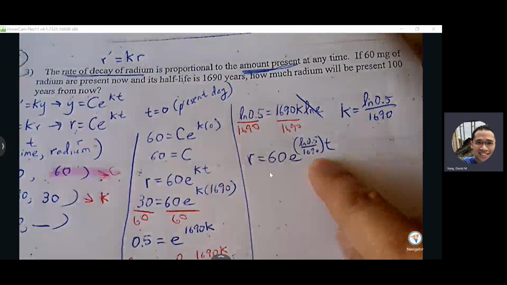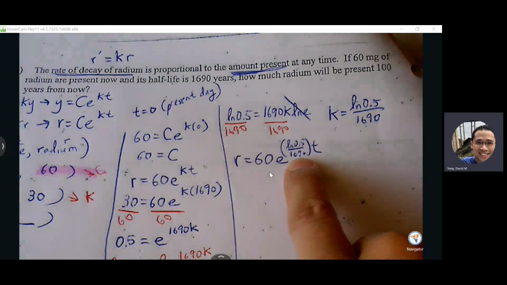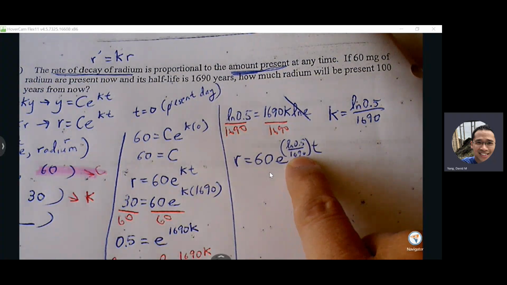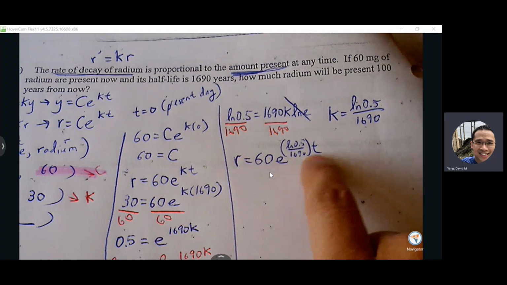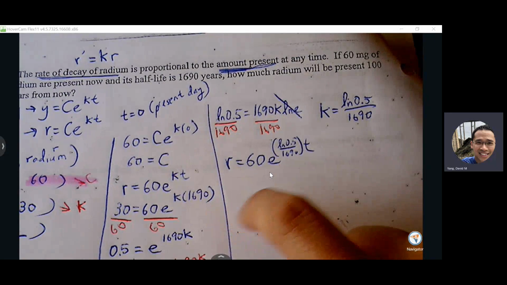The reason I want to hold on to that value instead of putting a decimal is because I want to try to improve my accuracy. If I create a decimal version at this point, it'll decrease my accuracy at the end. So even though it looks messy, I'm holding on to this exact value until the very end when I can make my approximation.